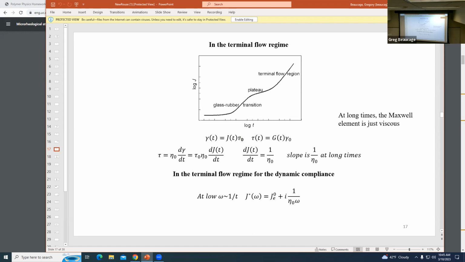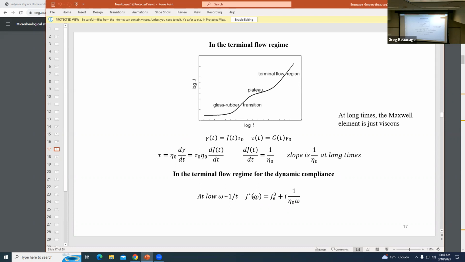If you have a fixed stress, you get a strain that changes. So the derivative of the strain with time is the derivative of the compliance with time times the stress, and this is also the stress times the viscosity. That means the rate of compliance change with time is 1 over the viscosity. Just by definition, that's just the definitions of the terms.